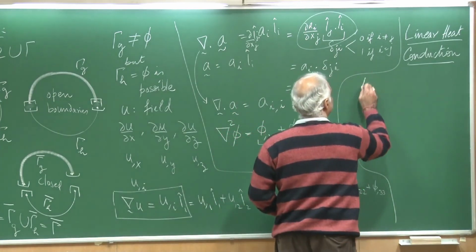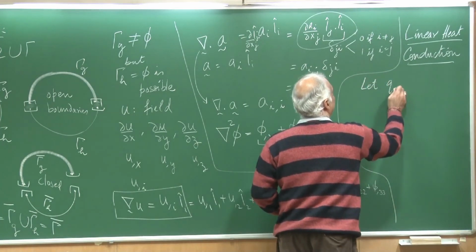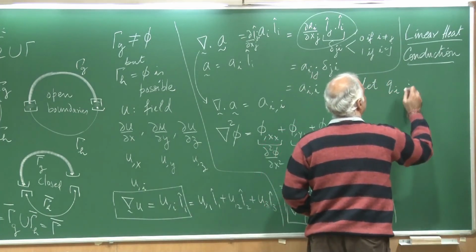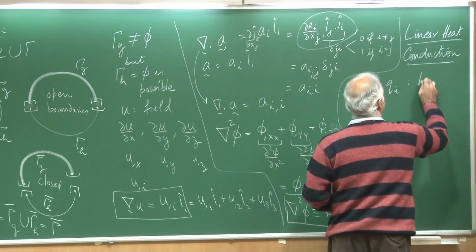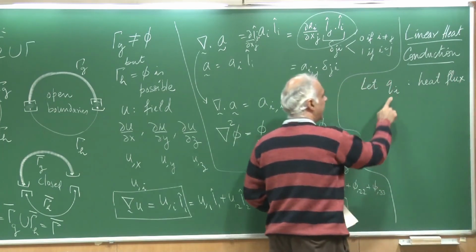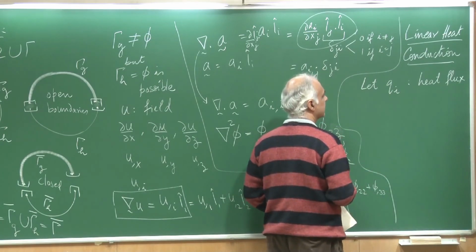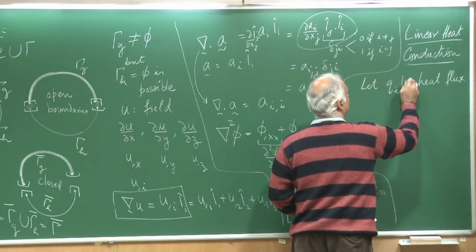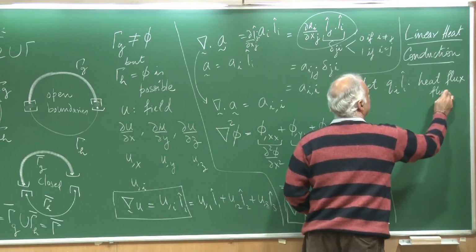So here is the notation. Let Qi be the heat flux. So this is the ith component of the heat flux, and Qi Ii is the heat flux vector.